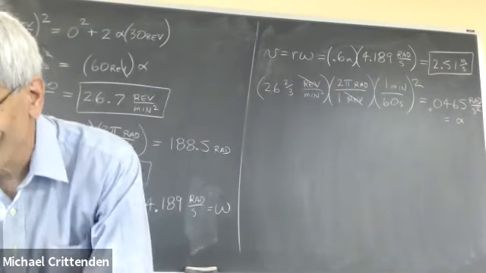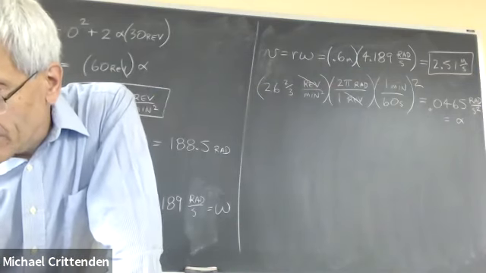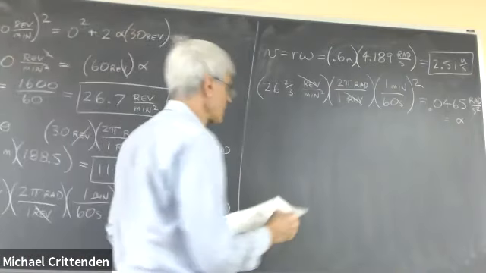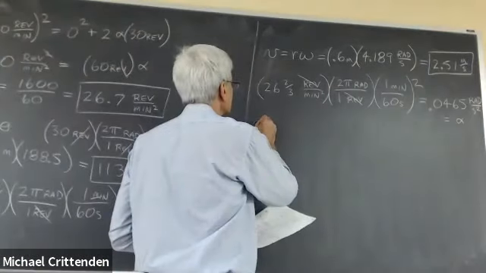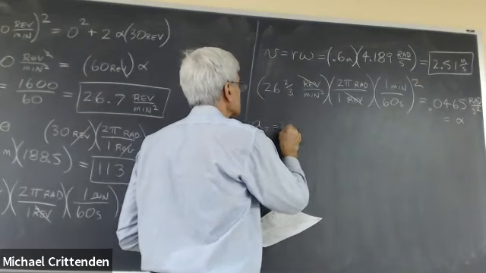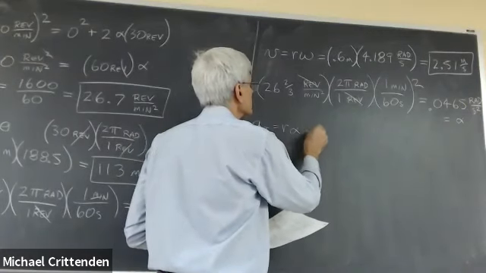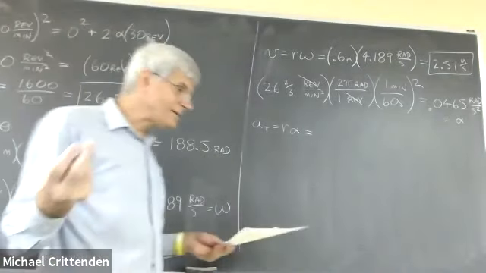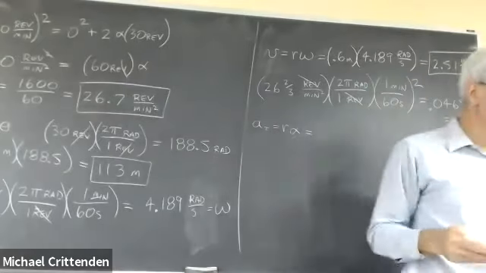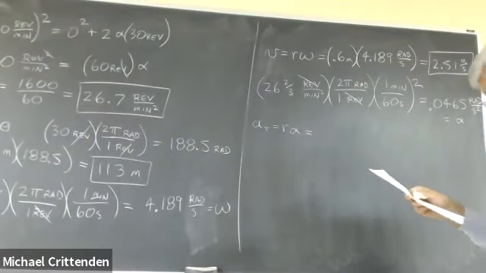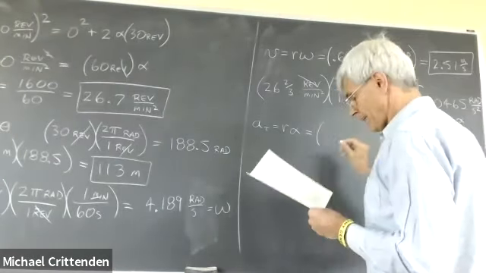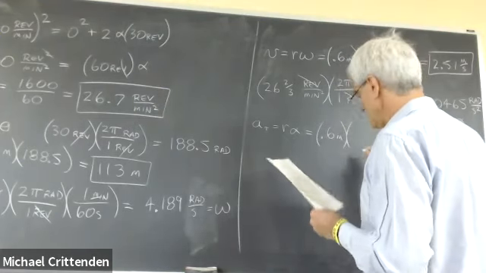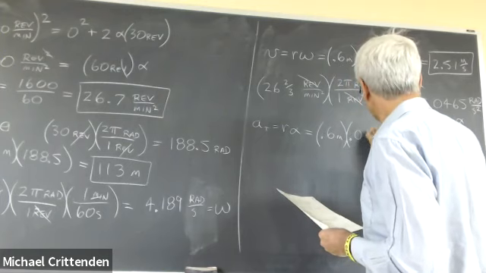So the equivalent number of radians per second squared is that. A is equal to R times alpha, A_T to be precise, the tangential component of the acceleration. 0.6 of a meter times 0.0465.